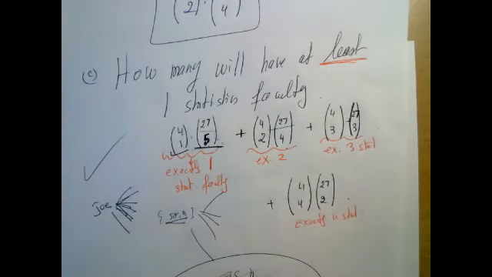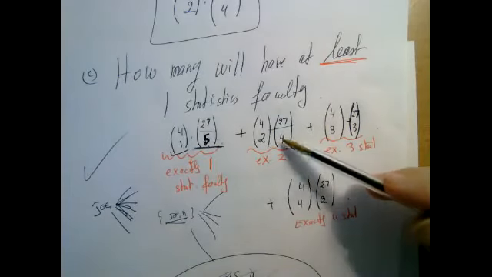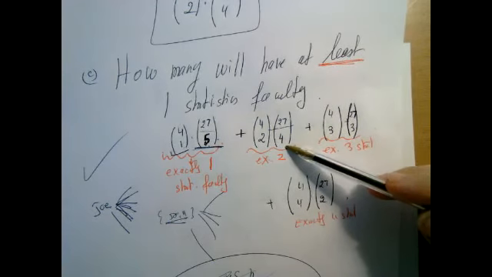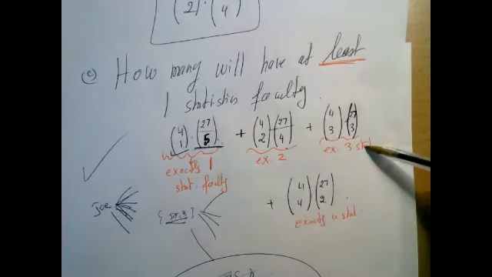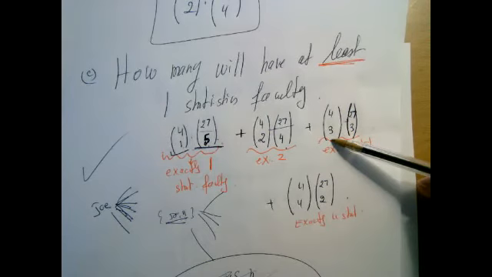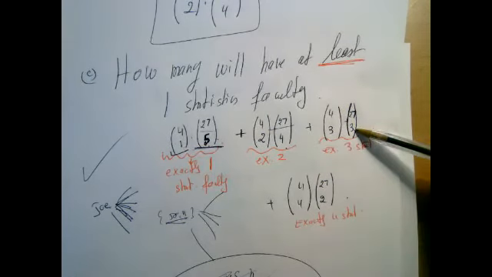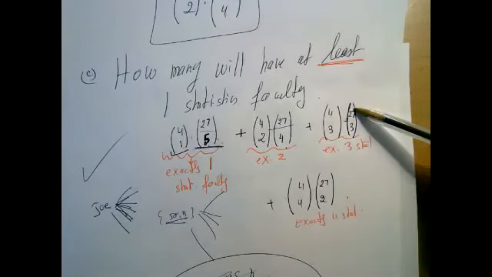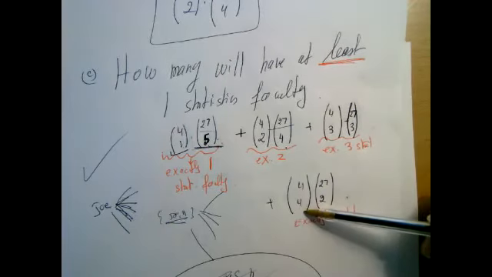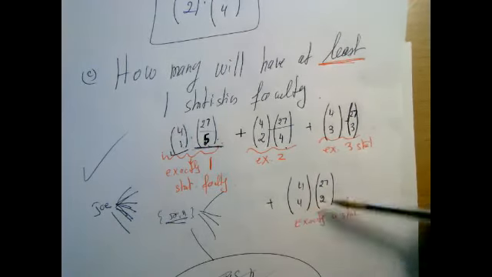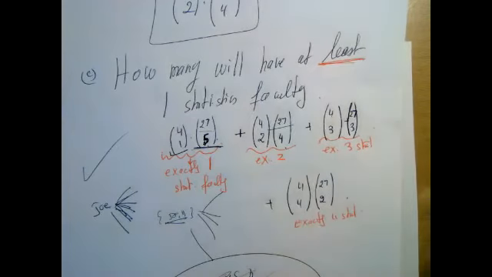Now I have to choose 4 of them. 2 plus 4, as your classmates were telling us, is 6. Then exactly 3 stat, I pick my 3 stat. I still have 3 to deal with. I pick them out of the 27 left. With 4 stat, I still have 2 to deal with. I pick them out of the others.